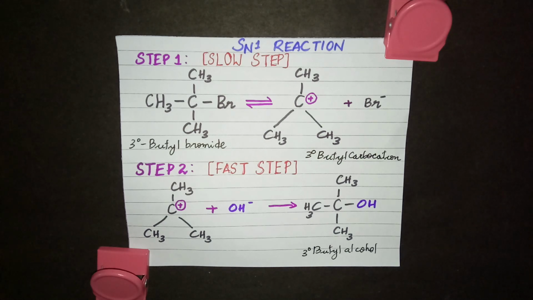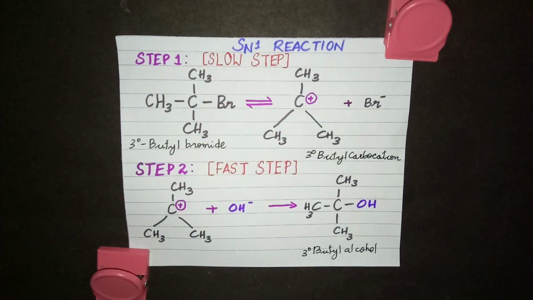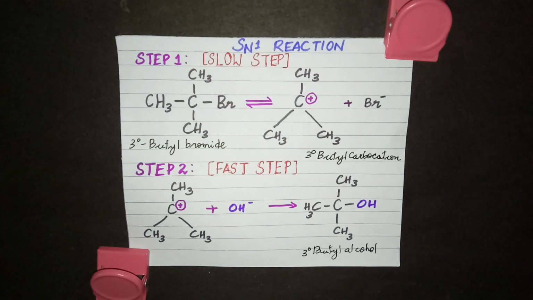And you know which carbocation is more stable among primary, secondary and tertiary. Tertiary carbocation is more stable. So whenever a reaction involves the formation of a carbocation or free radical or carbanion, the product formation depends upon the more stable carbocation. Whichever is the more stable carbocation, that would be preferred to become the product.